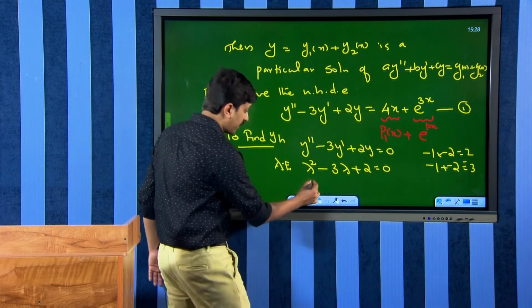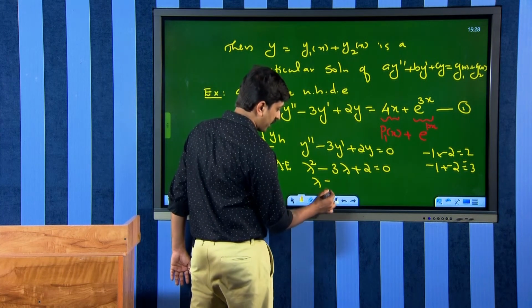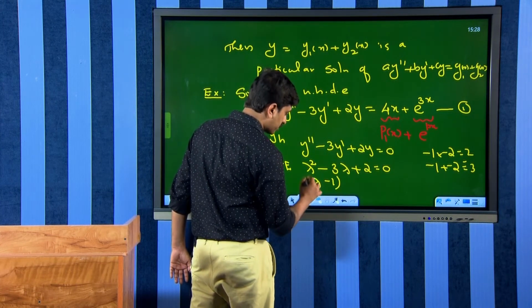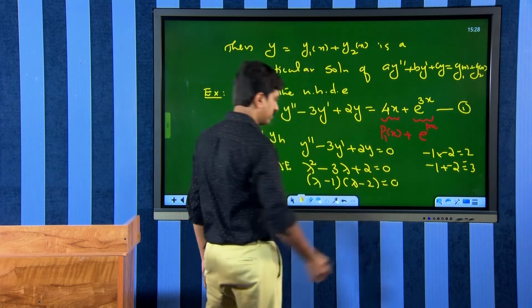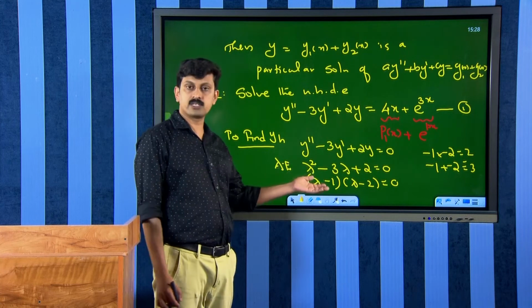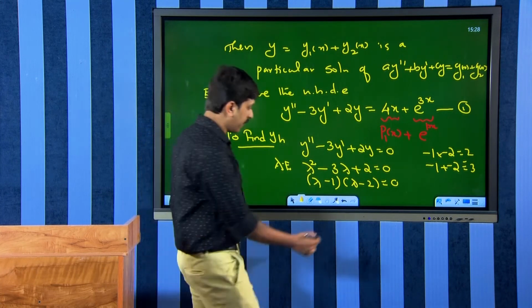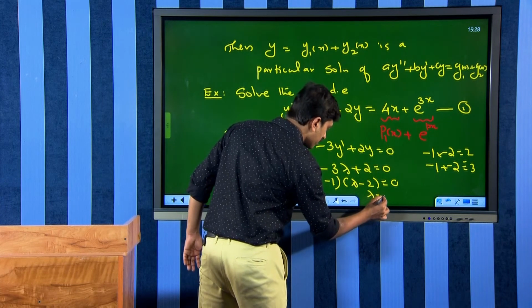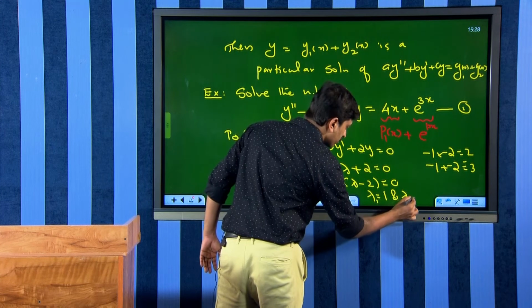So we have lambda minus 1 into lambda minus 2 is equal to 0. Sometimes m is used instead of lambda, no problem. So we found lambda is equal to 1 and lambda is equal to 2.